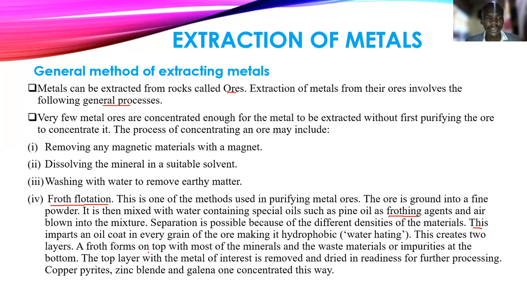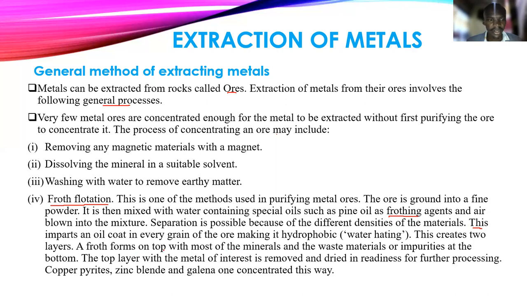A froth forms on top. So now we form the froth. The froth is the ore, which is now coated with oil, making it to float. So it forms a froth on the surface of water.